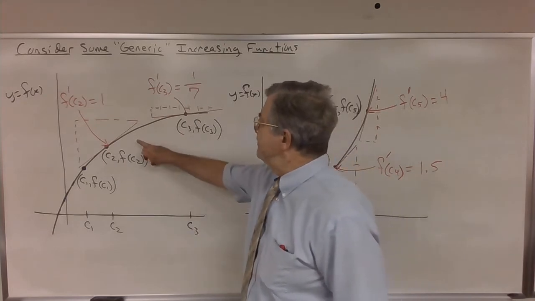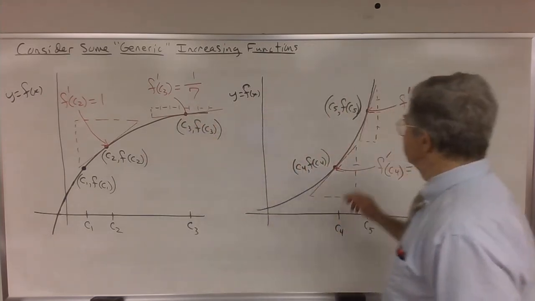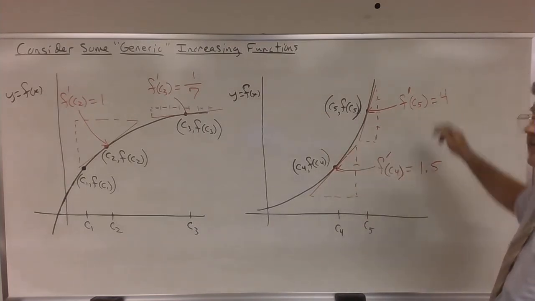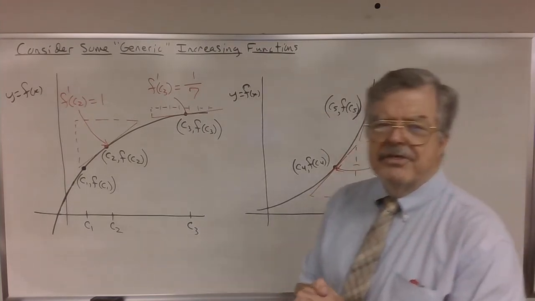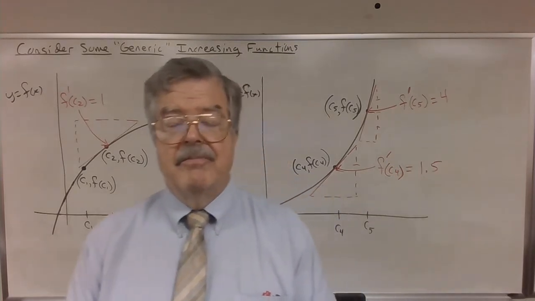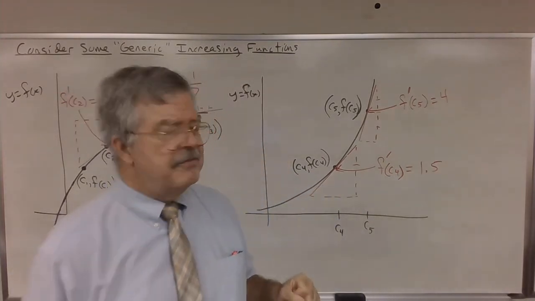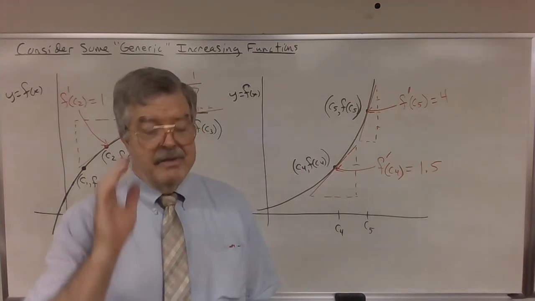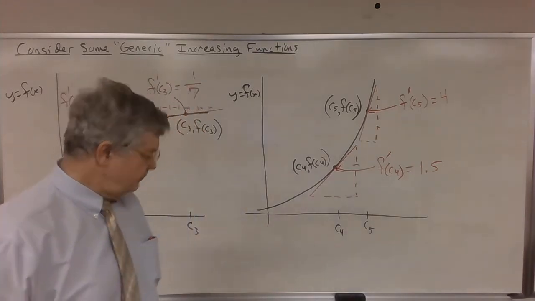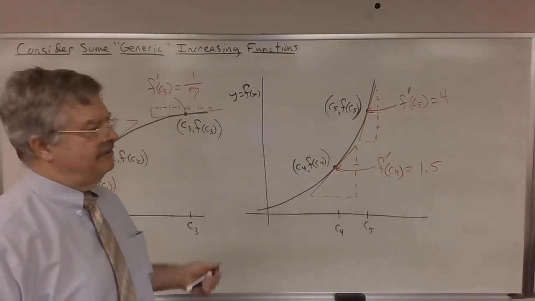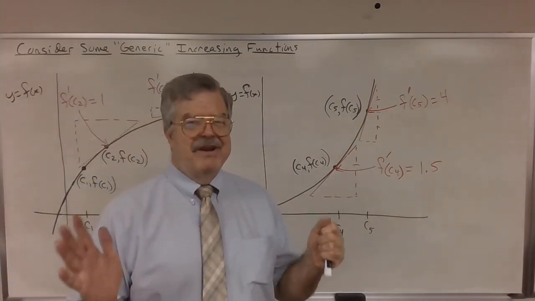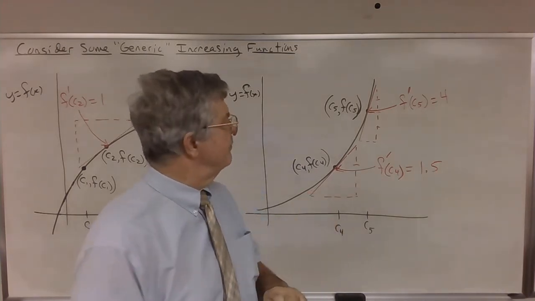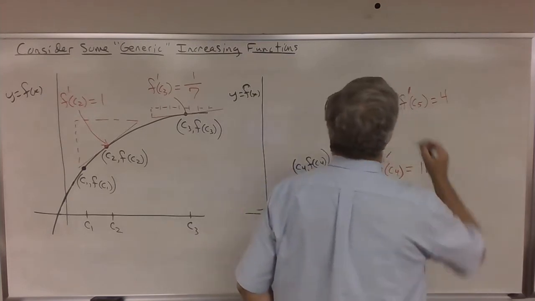But if we look at the values of all of these derivatives, 1, 1/7, 1.5, 4, one thing that they all have in common numerically is that all of the derivatives are positive. And this is not a coincidence. It seems like it's a very general observation, and it is, but in this case it means something. So this is what we want to observe.